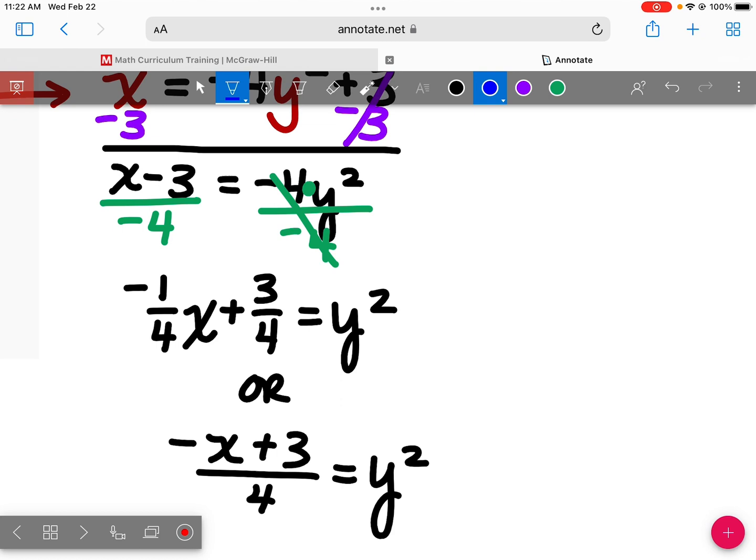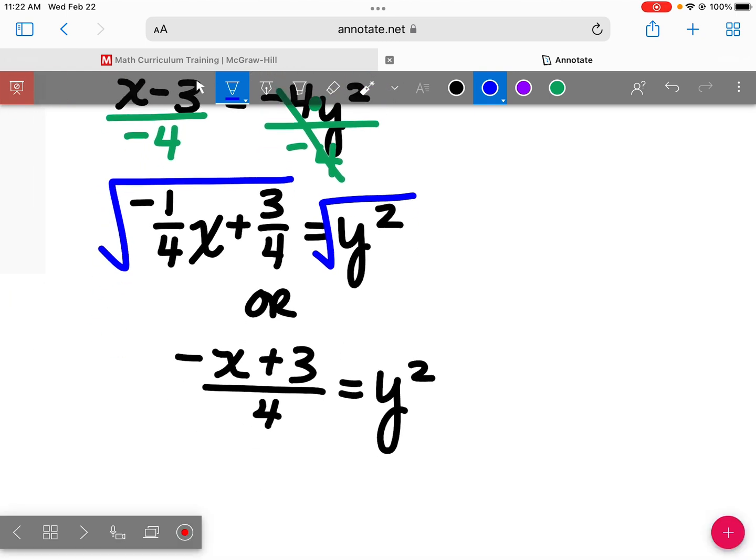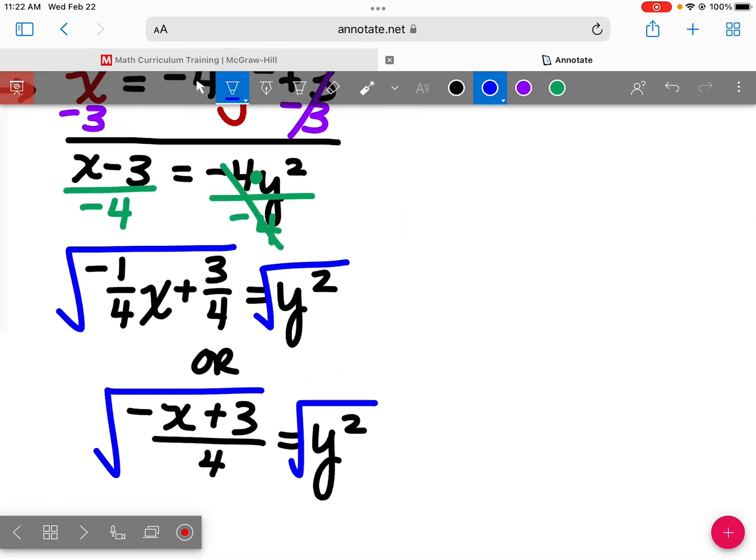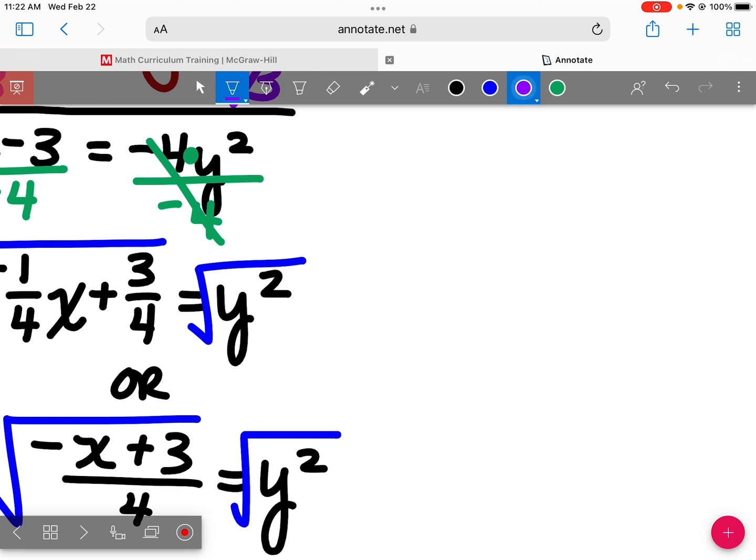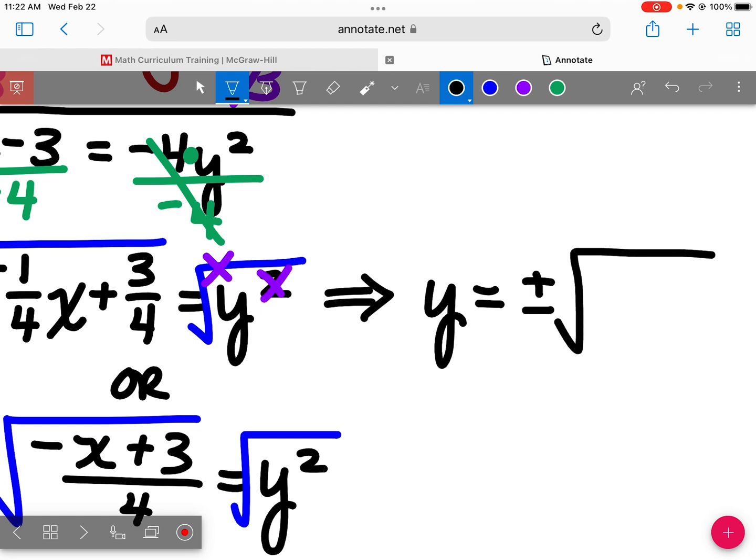And if you do it to one side, you have to do it to the other side. Squaring and square roots cancel each other out, but when we take a square root, we get how many answers? We get 2. Tell me about those 2 answers. Positive and negative. That happens anytime we have an even index.